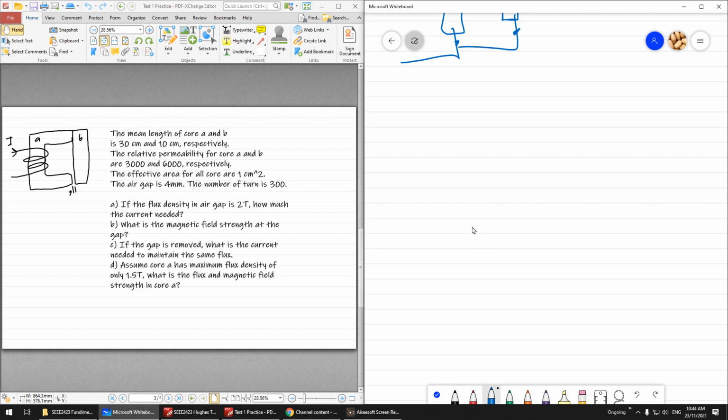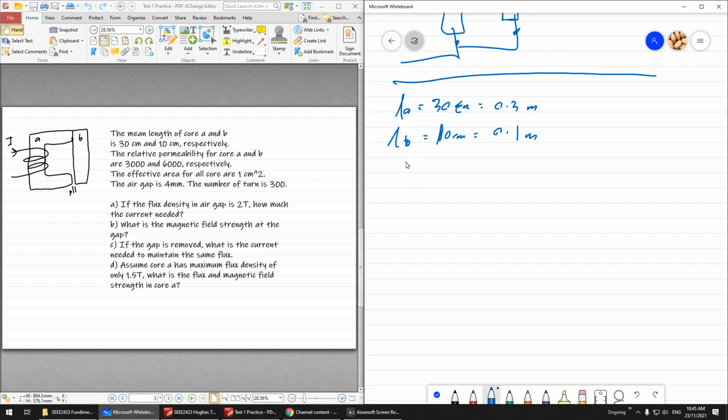For question 2, the mean length of A and B: LA is equal to 30 cm, and 30 cm is 0.3 meter. LB is equal to 10 cm, which is 0.1 meter. Make sure you change it to SI units. Make sure you understand the mean length means that this is the length.